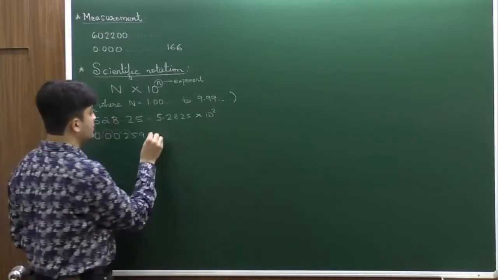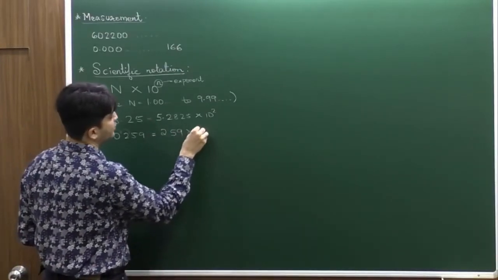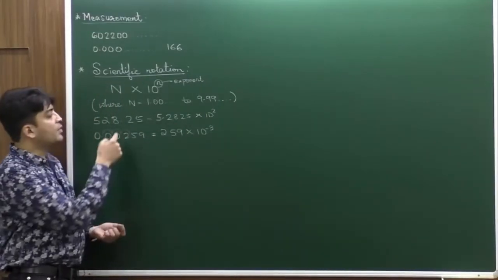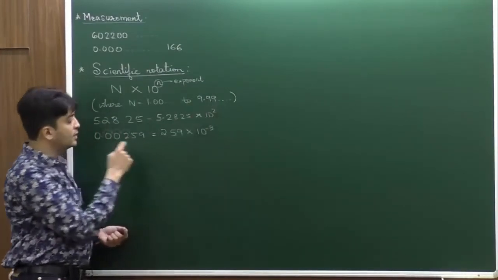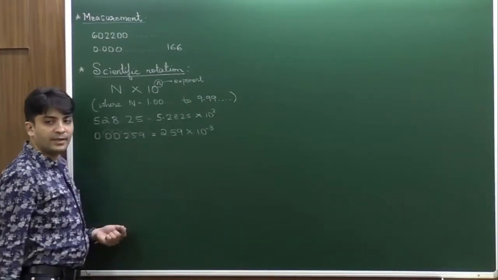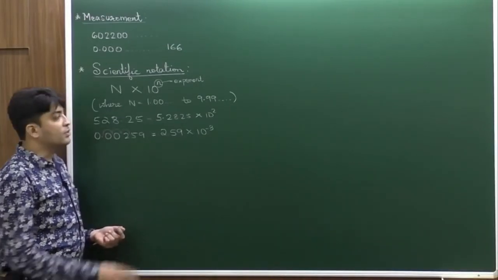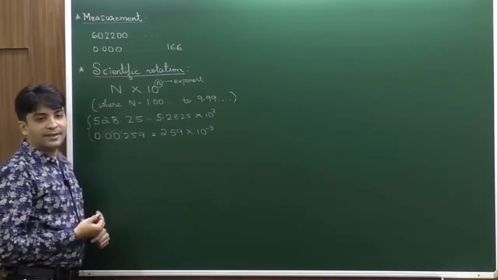So उसके लिए the scientific notation would be 2.59 into 10 power minus 3. मतलब whatever number of decimal places you shift to the left, the 10 का power would be positive. To the right, the 10 का power would be negative. बराबर? Clear है ये? So this type of numbers are handled by converting them to the scientific notation.